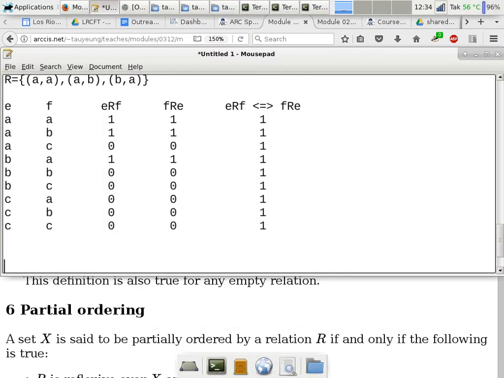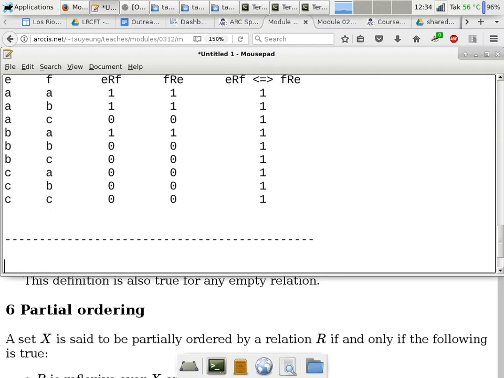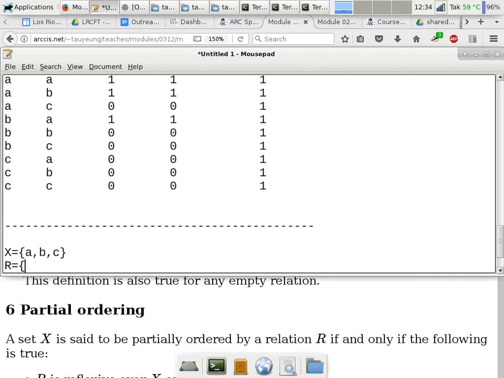Okay, so let's put a dotted line here. And now we're moving on to being transitive. So we'll define X to be A, B, and C again. And this time once again, we start with the empty relation. So the question is, is an empty relation automatically transitive or not?